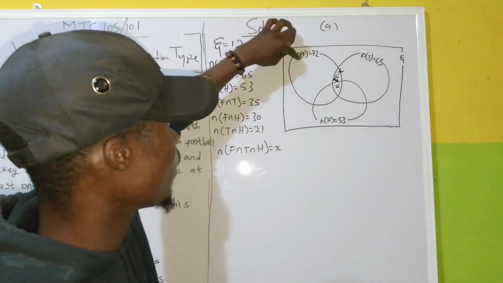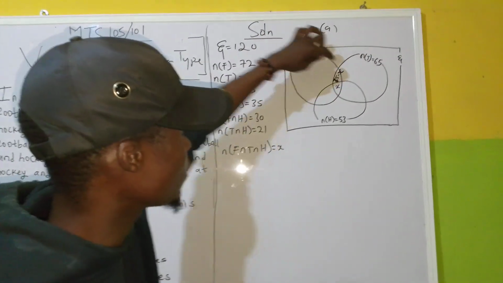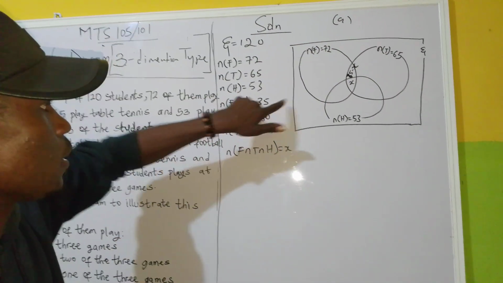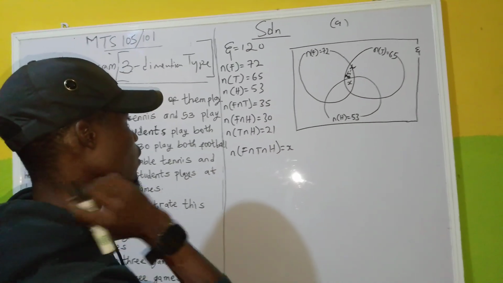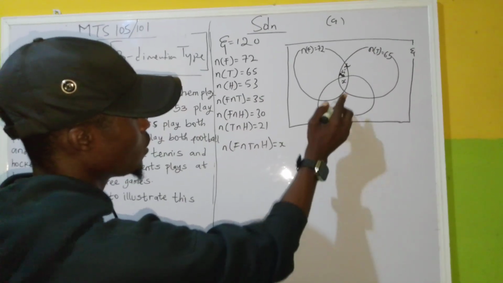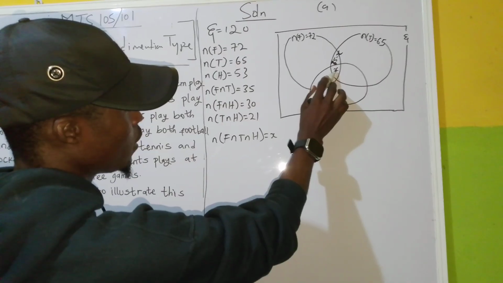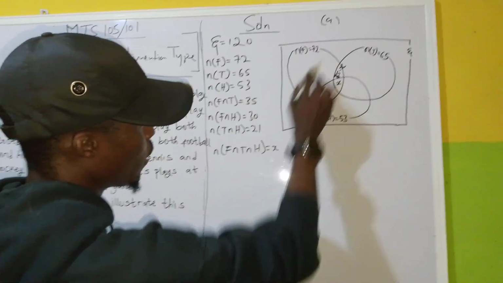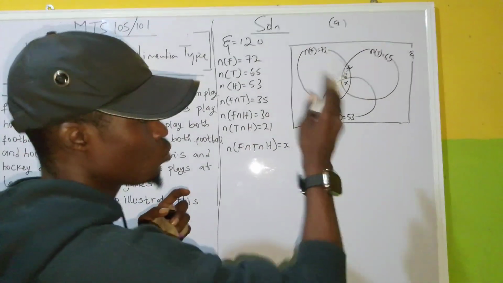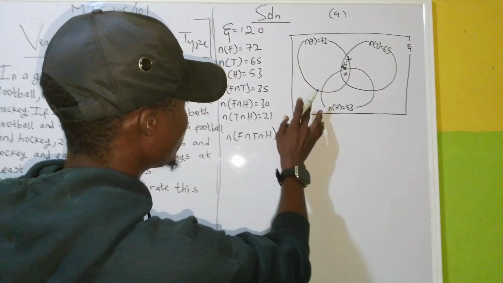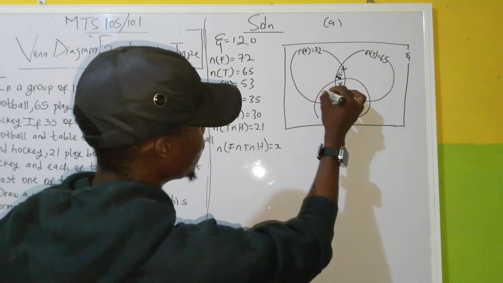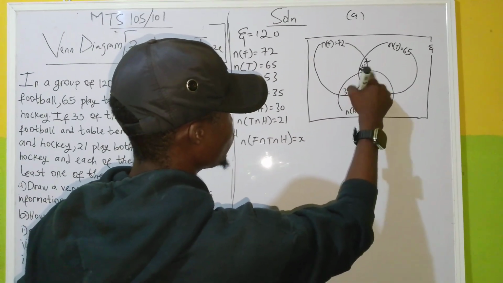Where football and table tennis are joined, that will be 35 minus x. Where football and hockey are joined, because this x is for where the three are connected, we have to subtract it from where two of them are joined. So it will now be 30 minus x.